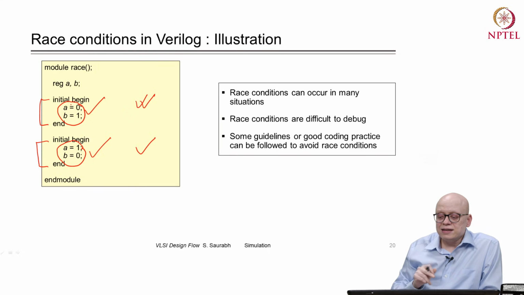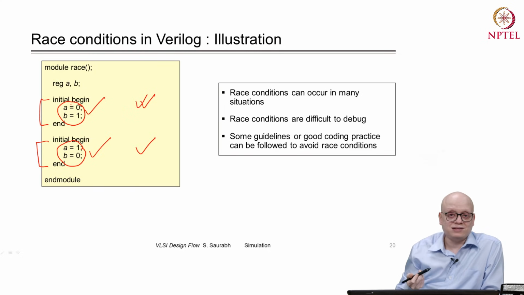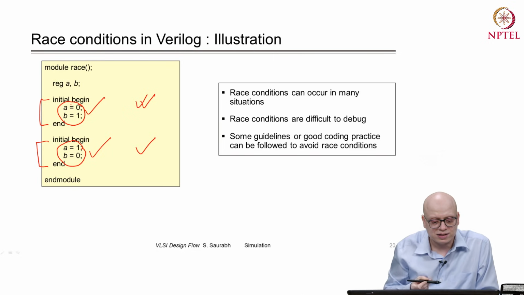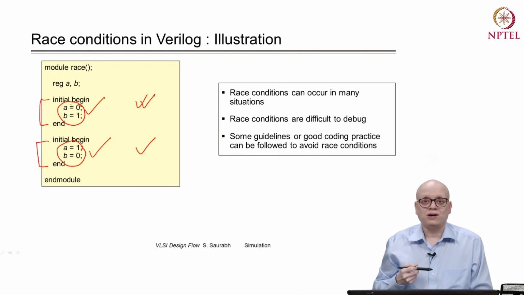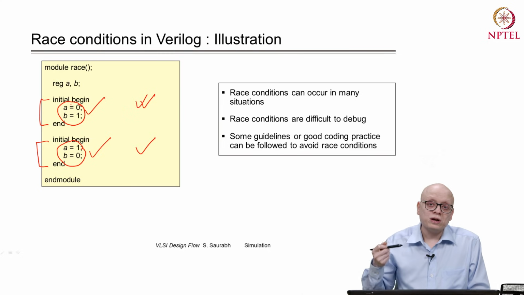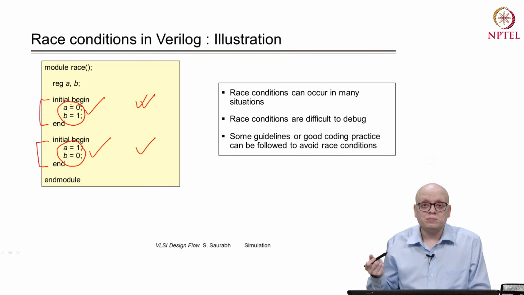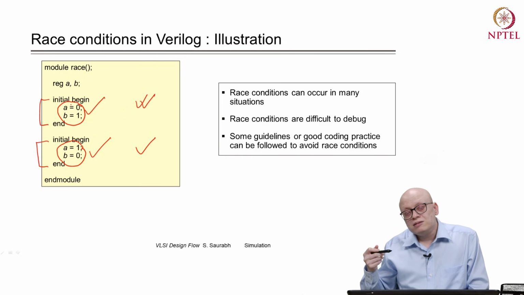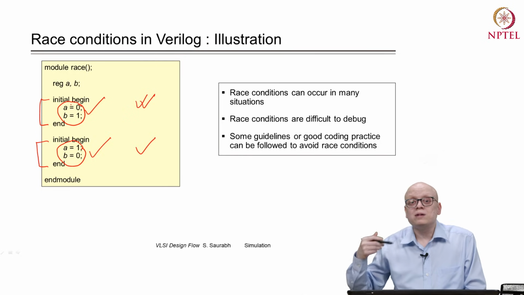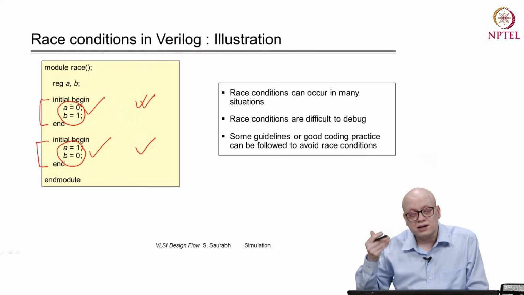The race condition can occur in many situations. This is a very simple, trivial case in which the race condition is there and we can easily find it. But many times race conditions happen and it is very difficult to find them, more so because the simulator will give you one answer, but the race condition will be discovered later on, maybe when the synthesis assumes some other behavior and at gate level simulation you get another result.